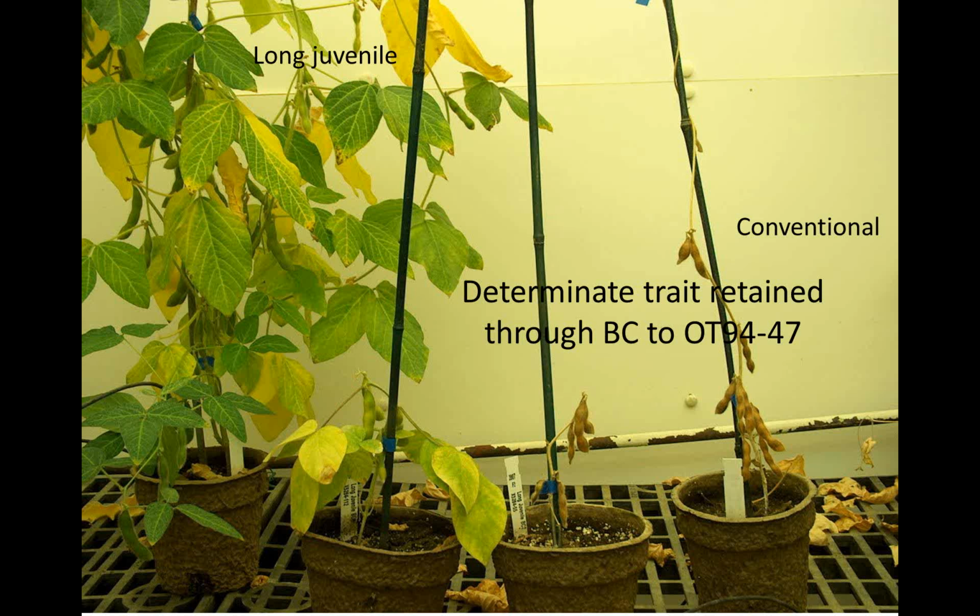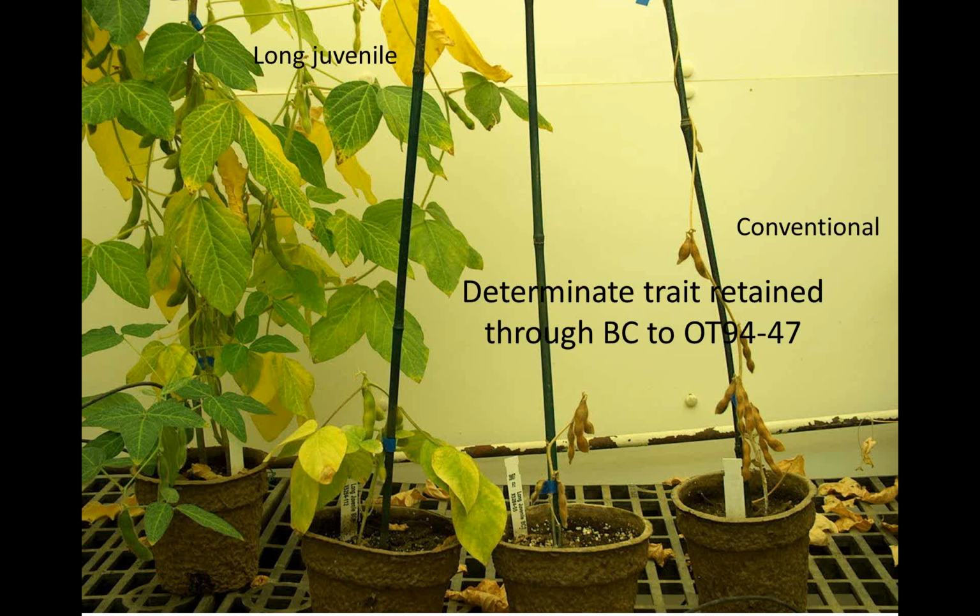And you can see the difference, about 2 weeks in the flowering time difference between the long juvenile and the conventional ones. And it just struck me earlier this week when looking at this again that we've got this late determinate plant that appears to be as dwarf and short as the earlier maturing determinate plant.